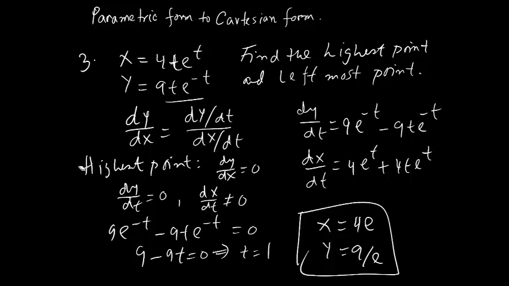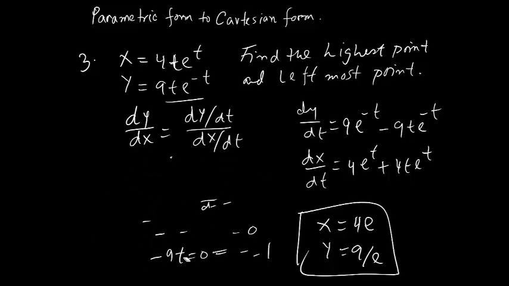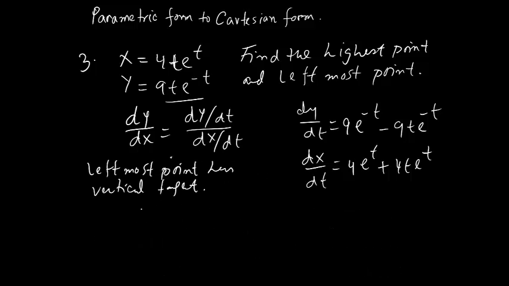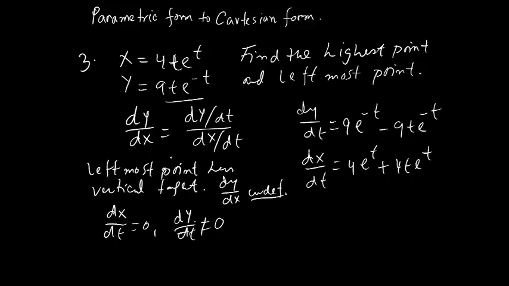Now I'm going to the leftmost point, where dy/dx is undefined. That means dx/dt is 0 with dy/dt non-zero. So for dx/dt equals 0, we need to solve from here: 4e to the t plus 4t e to the t is 0.